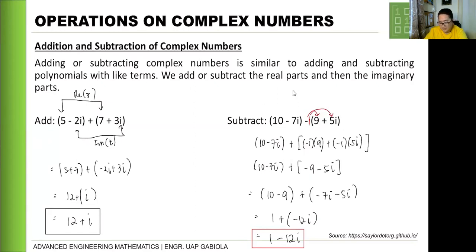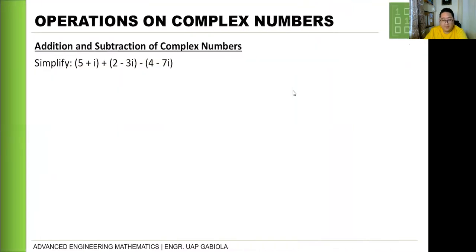Right? So yan, paano pag magkasama na siya? So we can always do na didistribute natin or we can perform simultaneously, no? So depende kung saan kayo mas nadadalian. Ako, I would suggest na i-simplify nyo na lang muna yung equation so that you will not have mistakes when performing yung ibang operation.